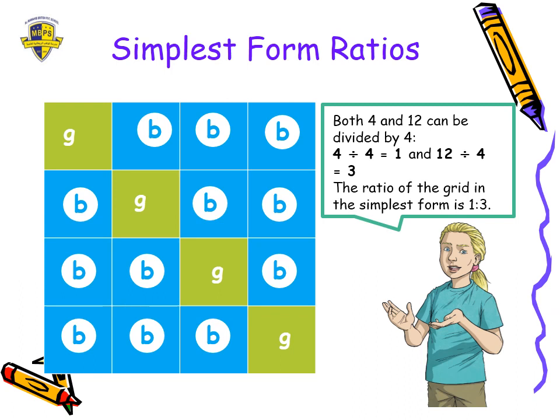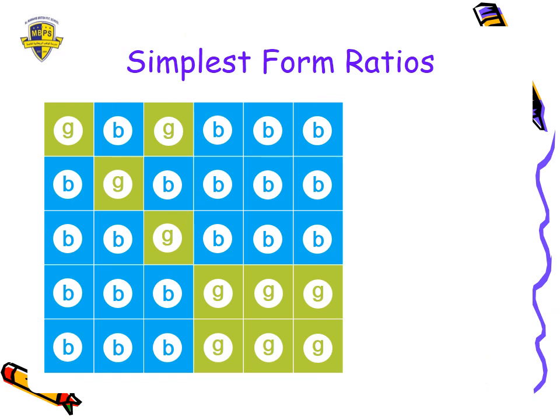Okay, we have to think of a number. We can divide by 4 and by 12 at the same time. What is this number? Good, 4 itself. 4 divided by 4 equals 1 and 12 divided by 4 equals 3. So this is 1 to 3.